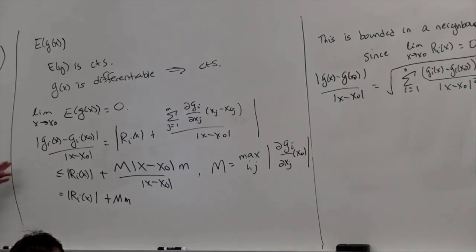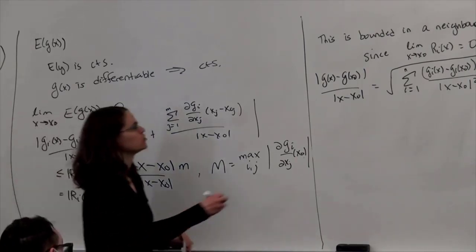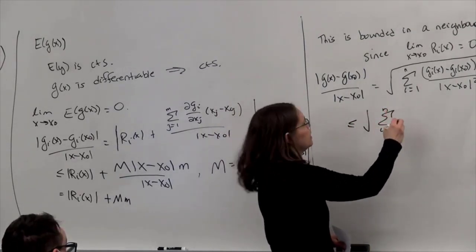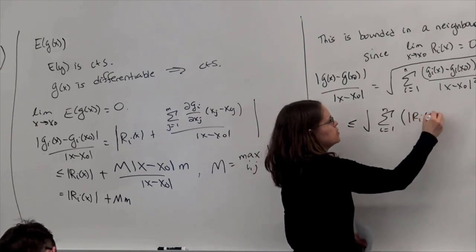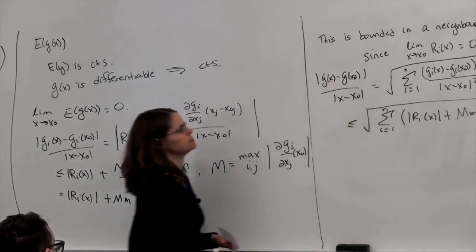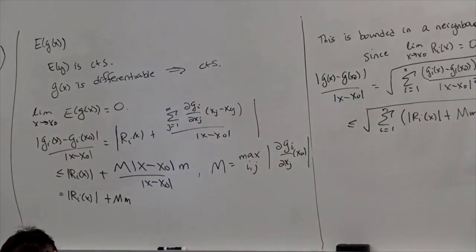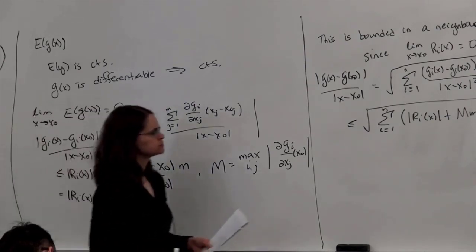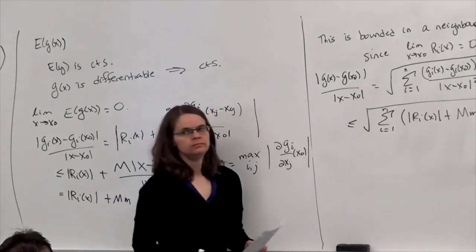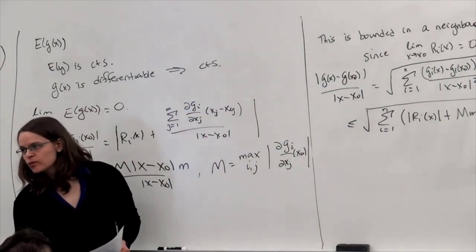So what are we doing? We're summing up the squares of all of these. Each of them stays bounded. So what we just saw is that each of these stays bounded by Ri plus big M little m, and again, this is going to stay bounded.